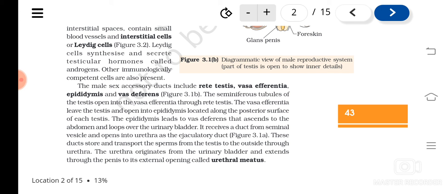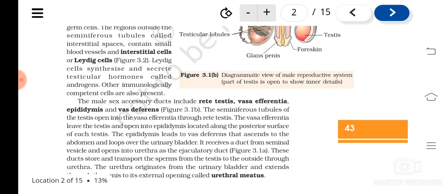The seminiferous tubules of each testis open into vasa efferentia through rete testis. So the testicular lobules open into the rete testis, and then to vasa efferentia. Vasa efferentia leave the testis and open into epididymis. Then epididymis will lead to vas deferens, that ascends to the abdomen and, as I told, loops over the urinary bladder.